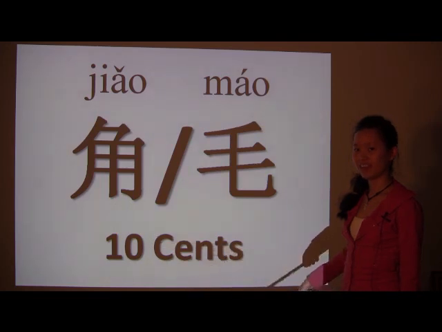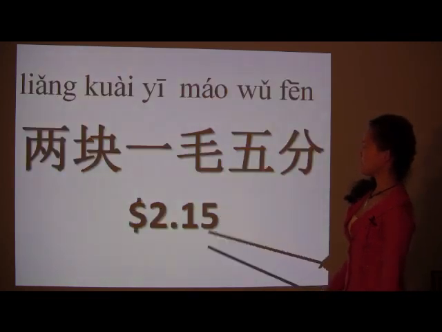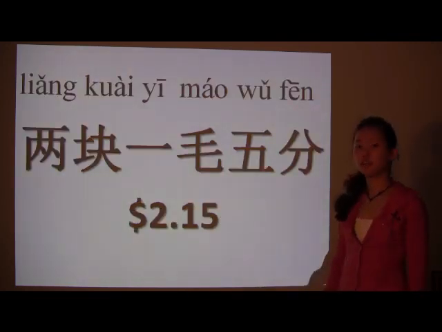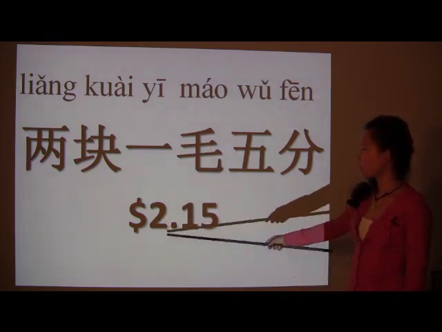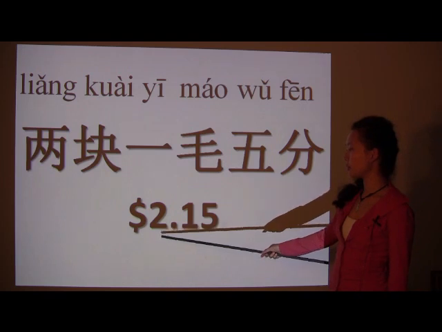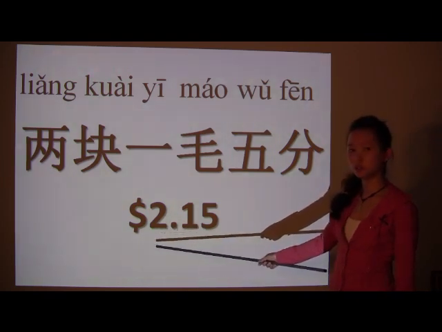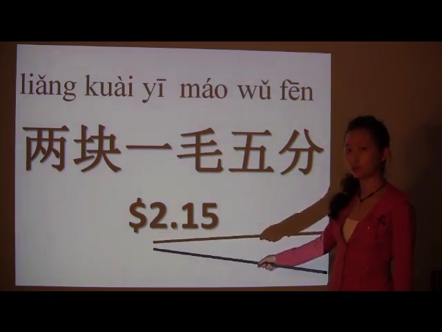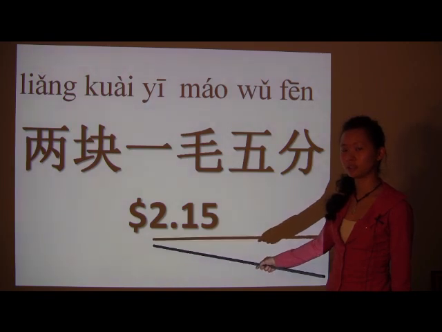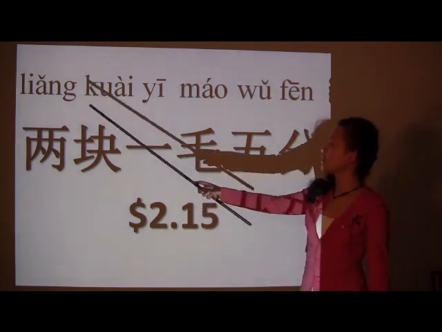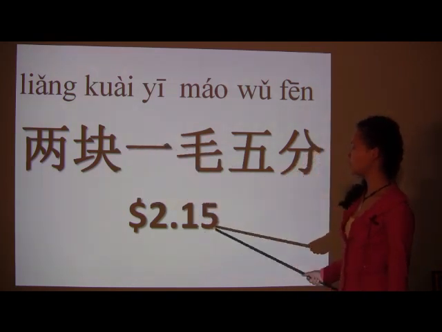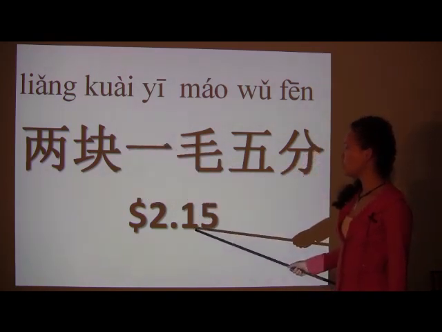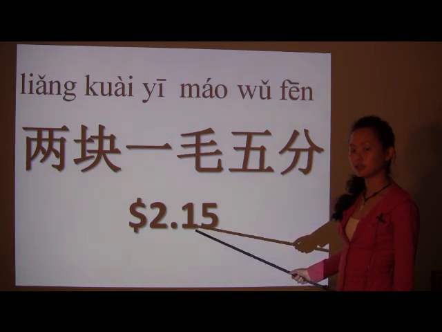So, for example, if you want to say $2.15, well, $2, remember, has that tricky 2. You must use the other form, which is 两. So say 两块, and then 15. So, 10 goes into 15 once.